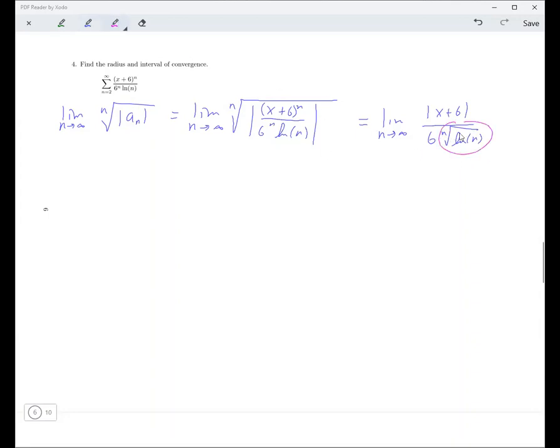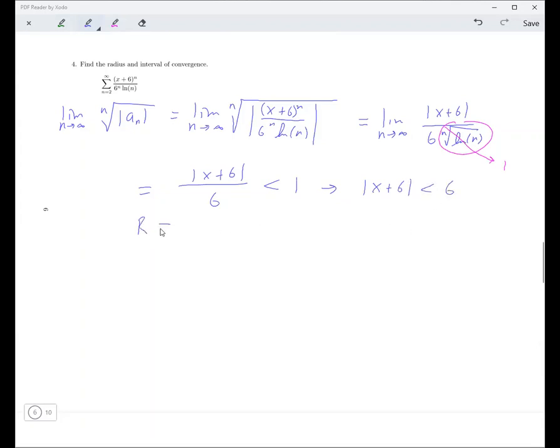This piece converges to 1 as n goes to infinity, because the nth root overcomes the natural log of n. So you just get the absolute value of x plus 6 divided by 6, and you set that less than 1, and that leads to this.